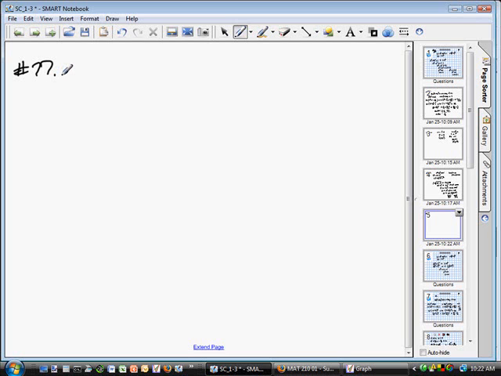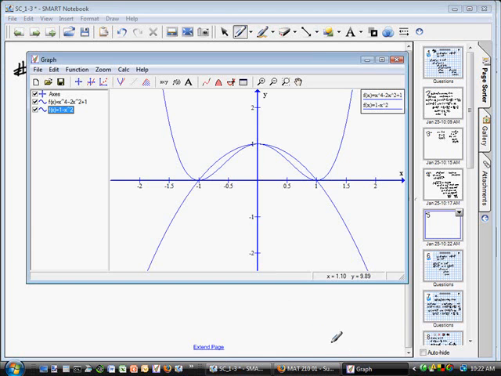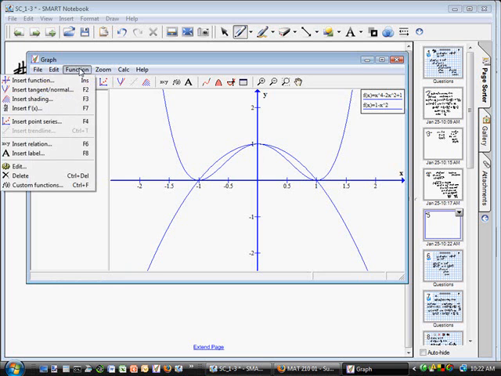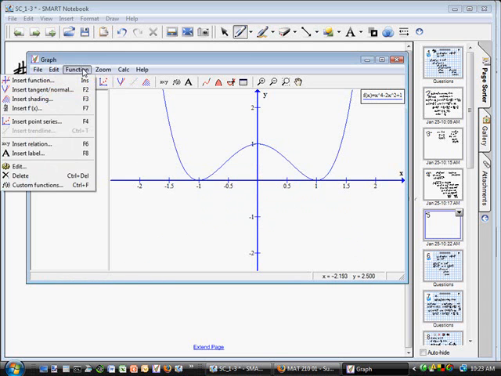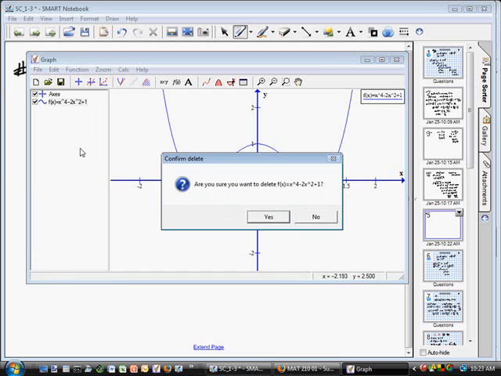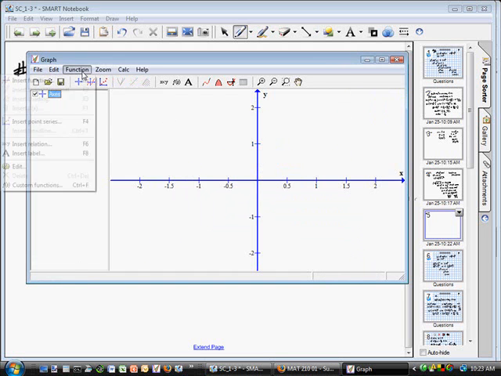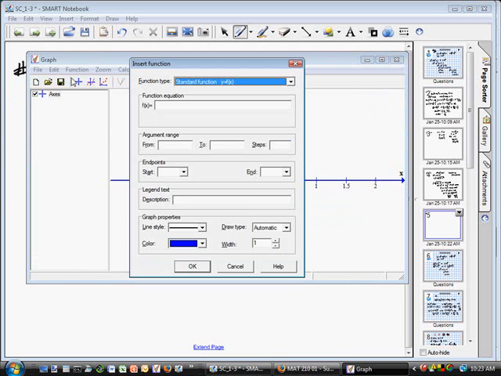Well, okay. What is this thing? 77. 0.24x squared.